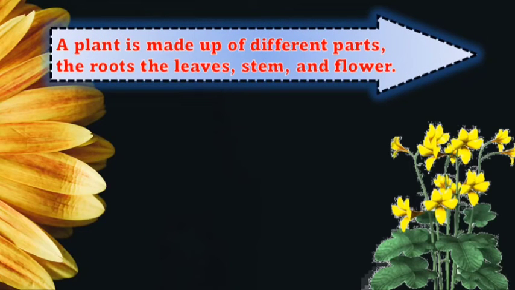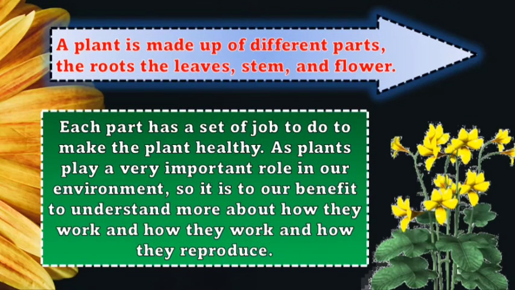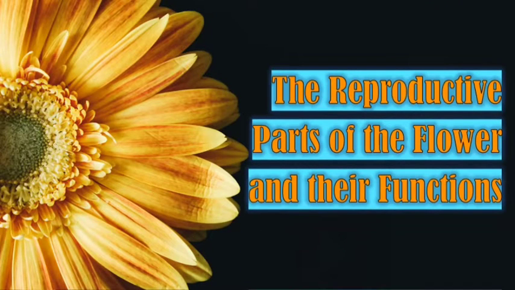So a plant is made up of different parts: the roots, the leaves, the stem, and the flower. Each part has a set of jobs to do to make the plant healthy, as plants play a very important role in our environment. So it is to our benefit to understand more about how they work and how they reproduce.